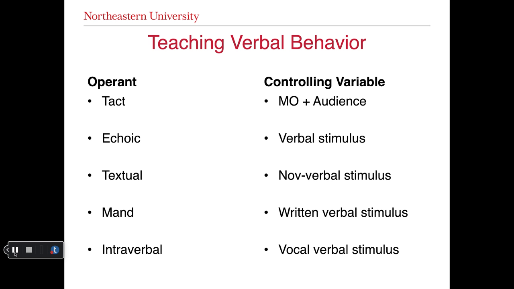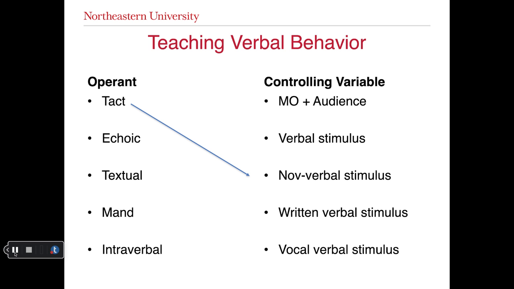So let's start with the straightforward one, the tact. Which of the controlling variables did you match to the tact? I hope everybody said the nonverbal stimulus. Nonverbal stimuli evoke tacting behavior. Now let's think about the echoic. There are 2 options here, but one of them is better.